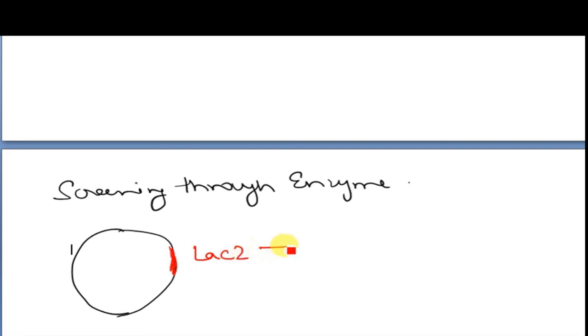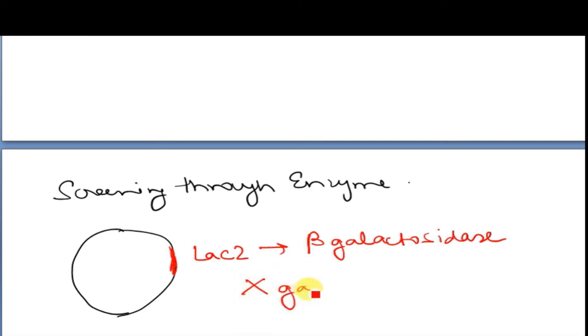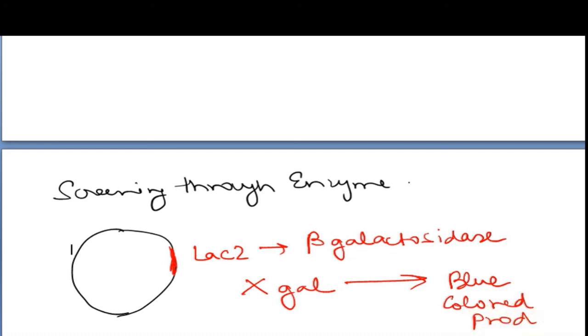The function of this LAC-Z is to form beta galactosidase. So beta galactosidase is an enzyme that can convert X-gal into a blue colored product, right?